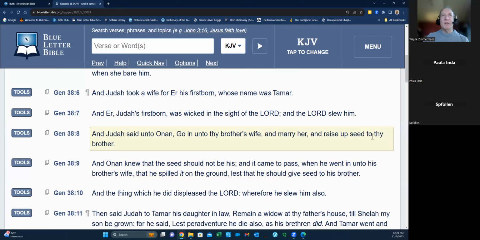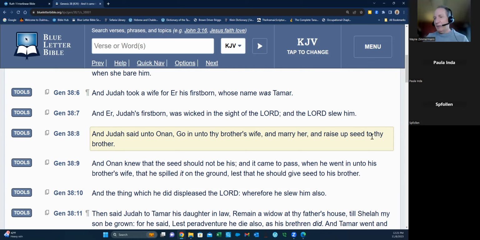It has to do with keeping the family together, preserving the firstborn and the seed of the family name. And so, because he died, it became the responsibility of the second son to raise up a family to the brother's wife. Again, in Judaism, they have whole volumes written on how this levirate marriage was supposed to work, and just so many rules and regulations.